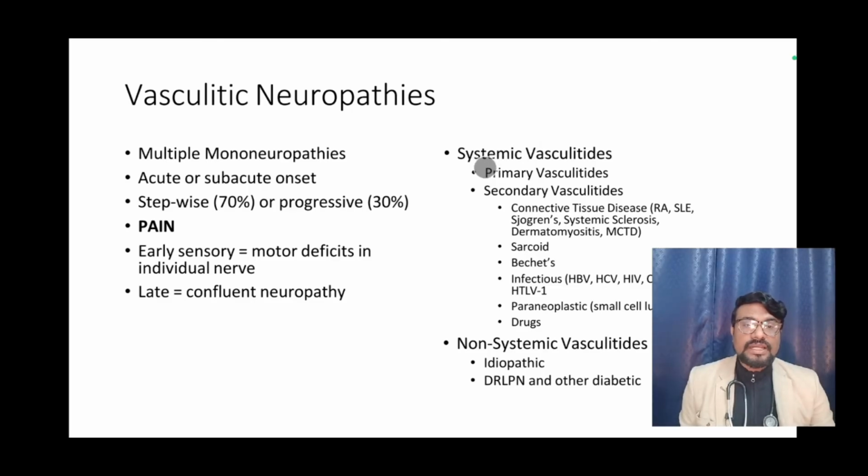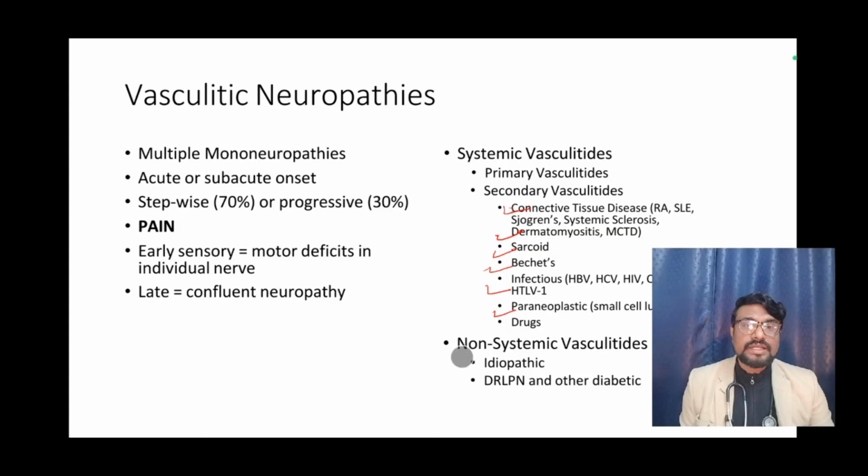These vasculitic neuropathies can be primary vasculitis or secondary vasculitis. Secondary vasculitis includes connective tissue disorders like rheumatoid arthritis, SLE, Sjogren's syndrome, systemic sclerosis, dermatomyositis, sarcoidosis, Behçet syndrome, infections like hepatitis B, C, HIV, paraneoplastic like small cell lung carcinoma, or drugs.